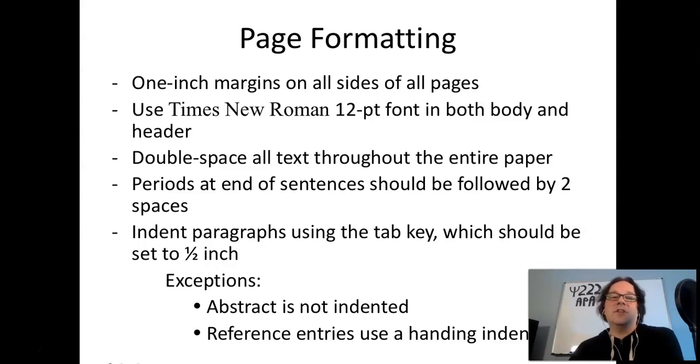And we'll see an example of this when I briefly go through an example template document that I put together for APA formatting. Periods at the end of a sentence should be followed by 2 spaces. This is something that is still driving me crazy because it used to just be 1 space after a period, and my brain just cannot get over this.